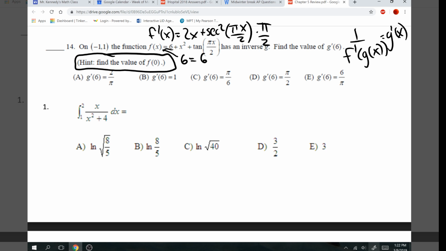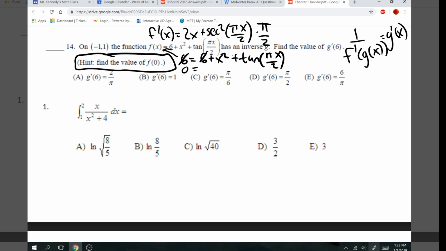So that hint in the question is just telling you that x is going to be 0, which you can tell when you set these equal, because if these cancel, then you get 0 equals x squared plus tangent pi x over 2. And where is that true? Well, tangent is 0 at 0, and so is x squared. So the moral of the story is it's x equals 0.